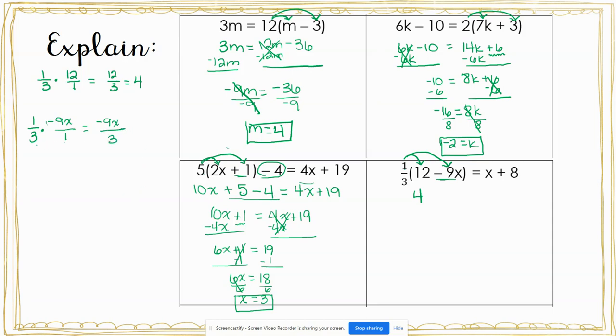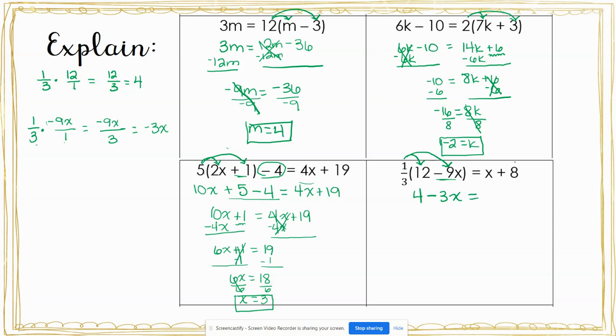Well, this says negative 9x divided by positive 3. If I do negative 9 divided by positive 3, I get negative 3. So if I do negative 9x divided by positive 3, I'm going to get negative 3x. Because that 3x is negative, then when I write it in my equation, I need to write minus 3x.